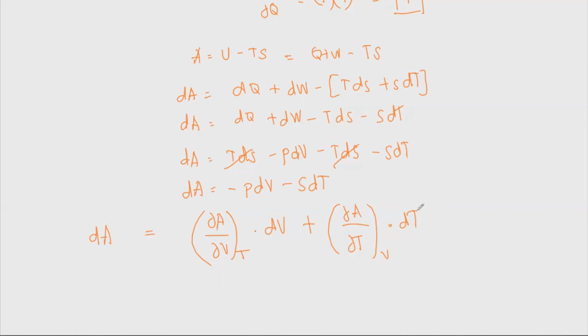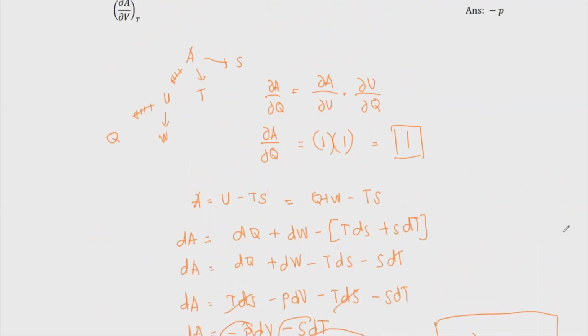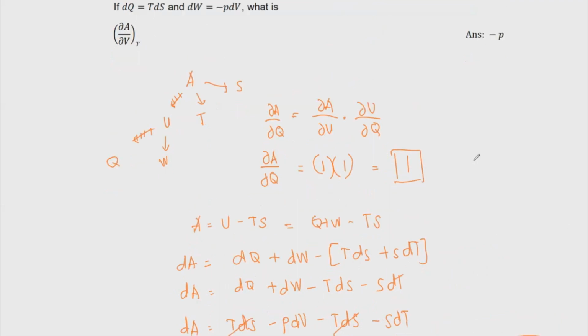Now we can see right from here that these are parallel with each other, also this one. So negative P is equivalent to this expression, and negative S is equivalent to this expression. So the partial derivative of A with respect to V at constant temperature is equal to negative P. Okay, so this is your final expression, and that's why the answer here is negative P.